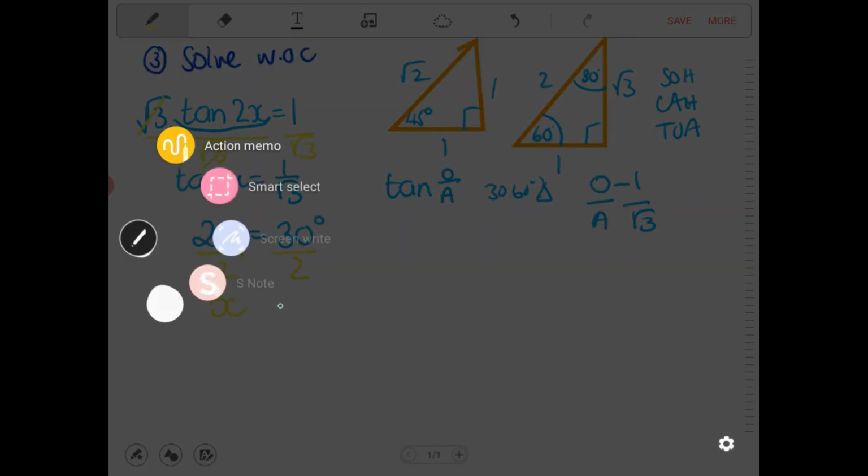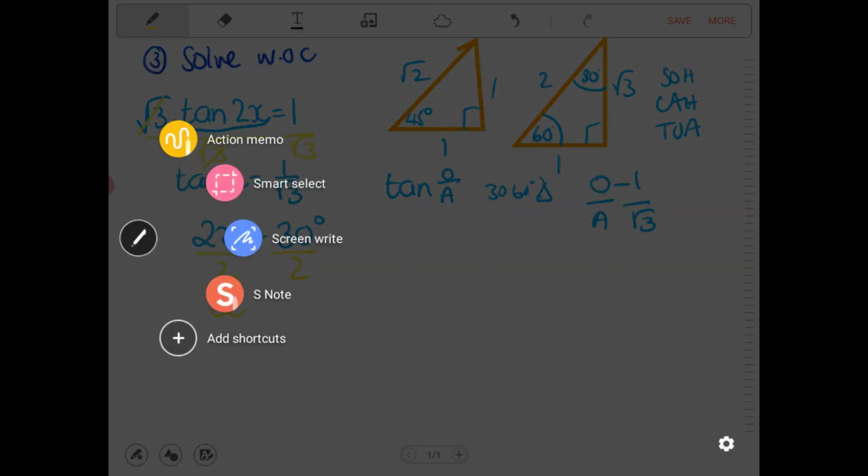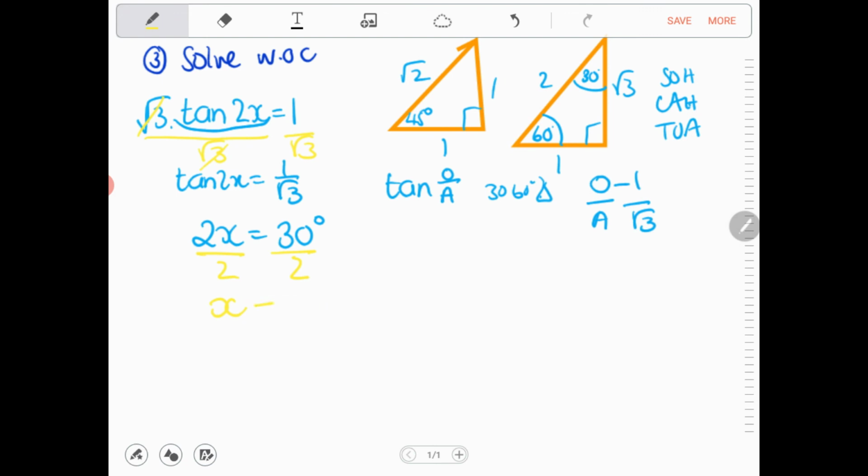So that means that x is going to end up being 15 degrees. And if you wanted to check it, you could pop it in your calculator: root 3 times tan of 2 times 15, and find out is the answer equal to 1, and then you know whether your equation is right or not.